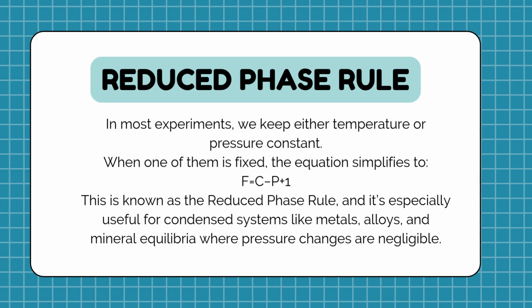This simplified version is known as the reduced phase rule. It's especially useful for condensed systems like metals, alloys and minerals, where the pressure changes are very small or negligible. So instead of dealing with both temperature and pressure, we focus on just one variable, which makes the analysis of the systems much easier.